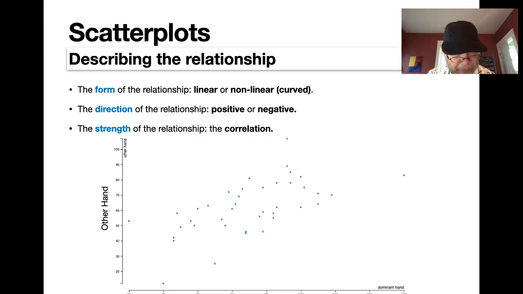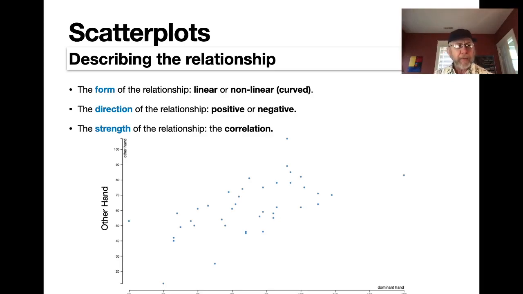Well, if you look at our data, if the dominant hand makes 80 hash marks, then we see a whole range of values that are possible for the other hand, ranging from about 50 all the way up to 75 or 80. So that would correspond to moderate predictive power.